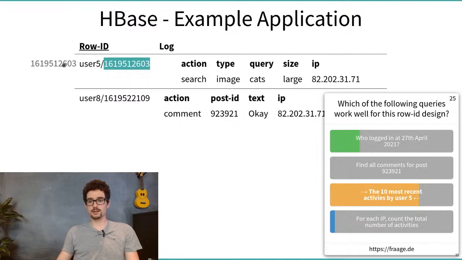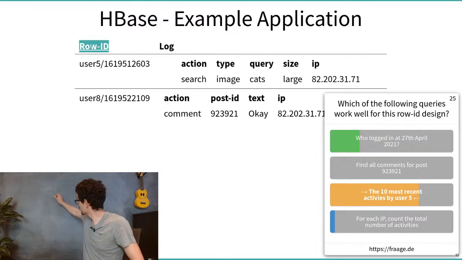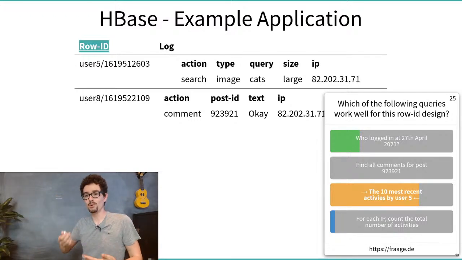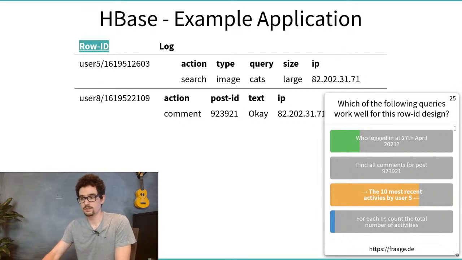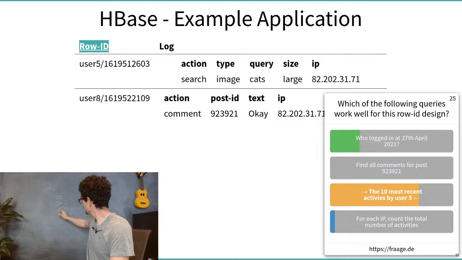because we allow not only equality predicates on the row ID. We can say, give me the row where row ID is user5/1619. Nobody asks this kind of query, because from where would this row ID be known? But we allow greater or equal, smaller or equal, and with that we allow between.